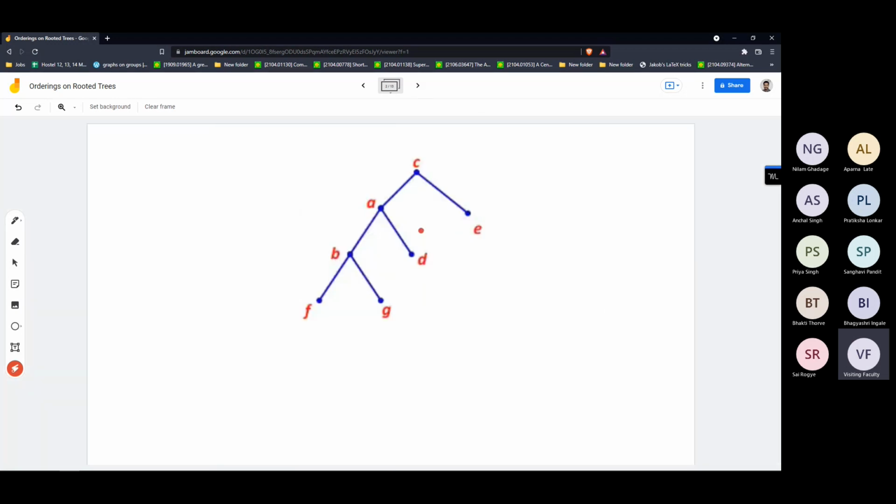Similarly, if you go to the next diagram, the left subtree of C is this whole thing. The right subtree is this. The left subtree of A, of this vertex, is this much. The right subtree is this much.